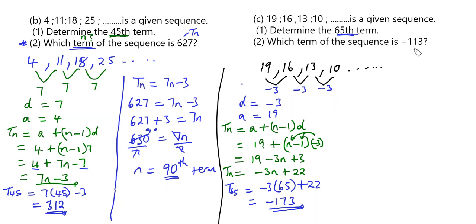Now, let's look at the next question. Which term of the sequence is equal to negative 113? What is this? It's our Tn. What are they looking for? They are looking for n.